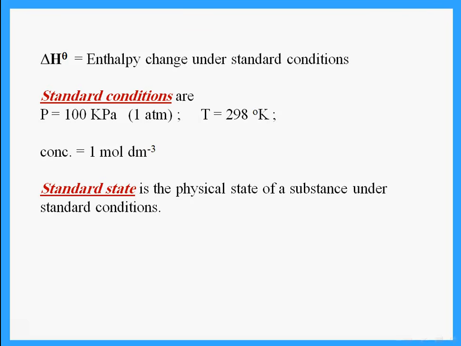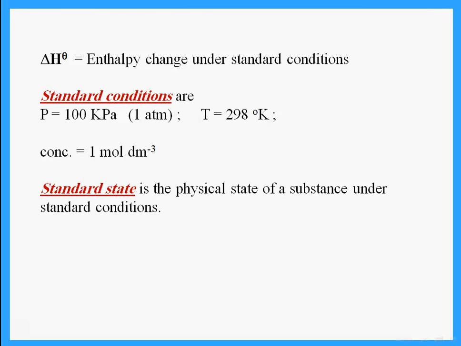Now, what are standard conditions? You should know that the standard pressure is 1 atmosphere, or 100 kilopascals, or 100,000 pascals. The temperature is 298 Kelvin, which is 25 degrees Celsius.